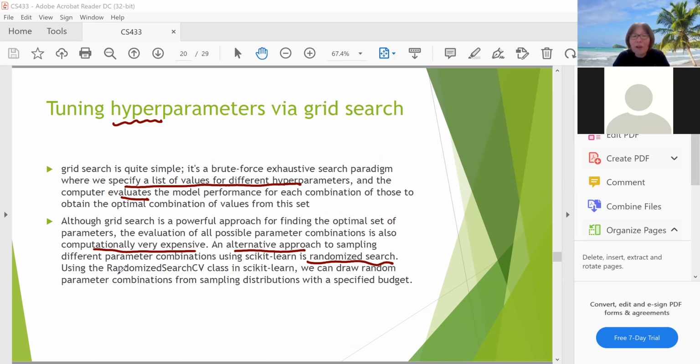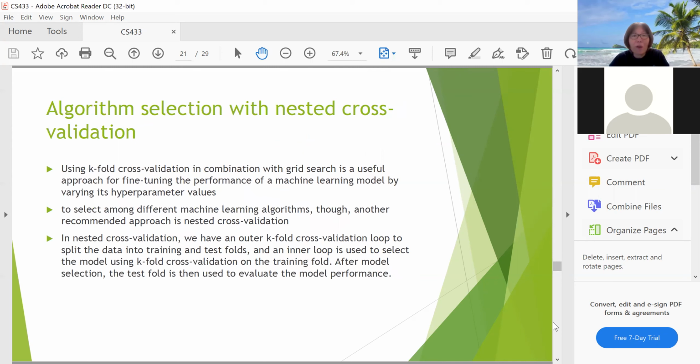In sklearn, it's called randomized search CV, where CV, as we learned previously, is cross validation.